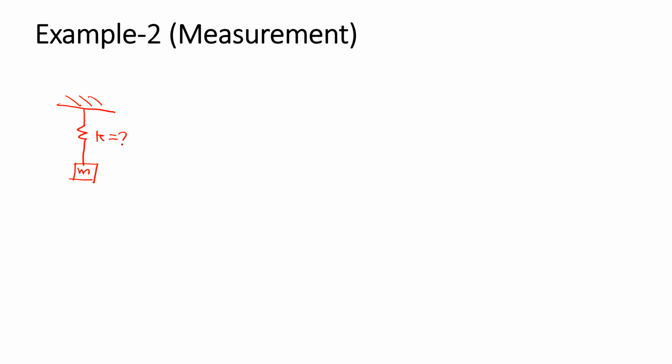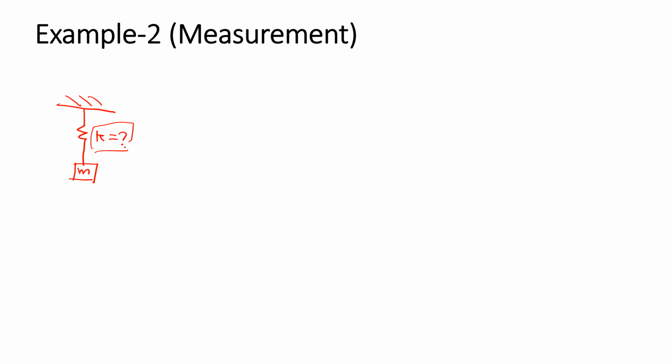If we know the mass, we can obtain the stiffness. What if we don't know the stiffness and we don't know the mass? We don't know both parameters.